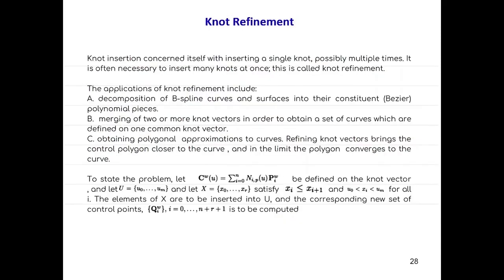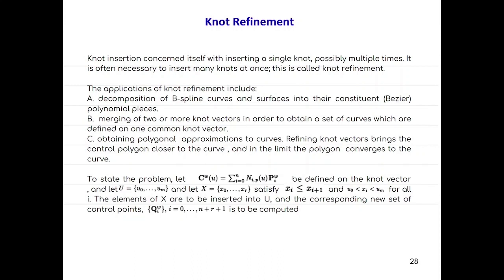Next, we'll learn about knot refinement. Knot insertion itself is inserting a single knot multiple times. It is often necessary to insert many knots at once. That is called knot refinement.